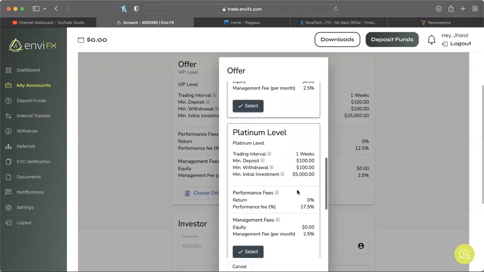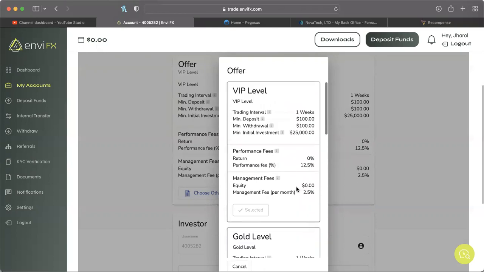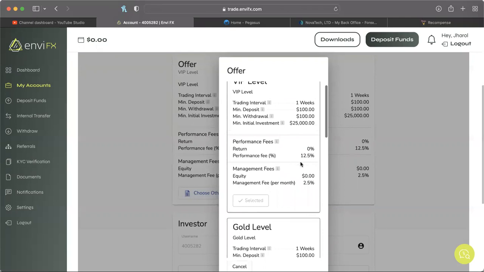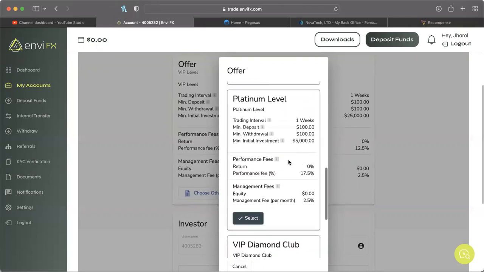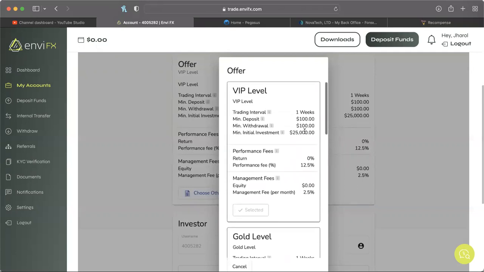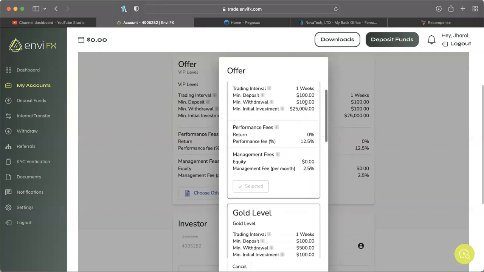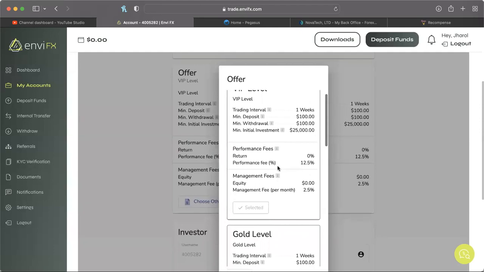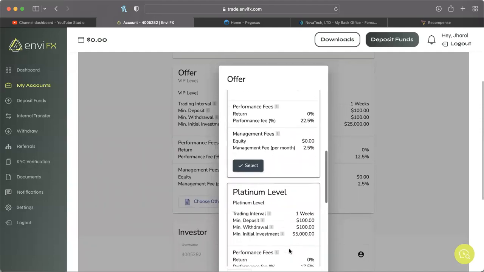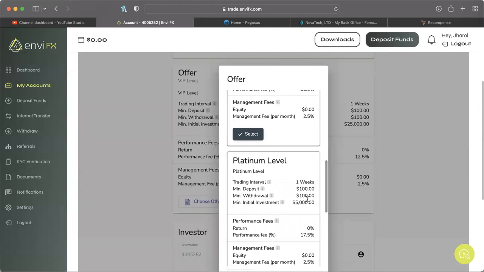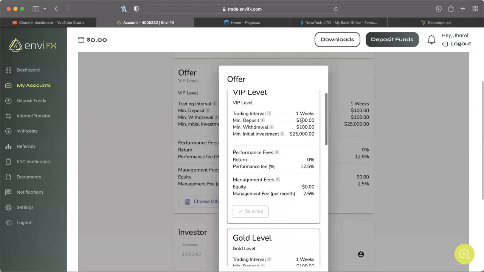Say I'm at the platinum level right now, and over the next few months I earn enough to jump up into the VIP level, where I'll pay less in performance fees, and I can still withdraw with a minimum of $100. I just want to pay less fees, which makes it easier for me to keep more money. So you can withdraw all the capital whenever you want and then put it right back in at the new level. And that will get you into that new level.